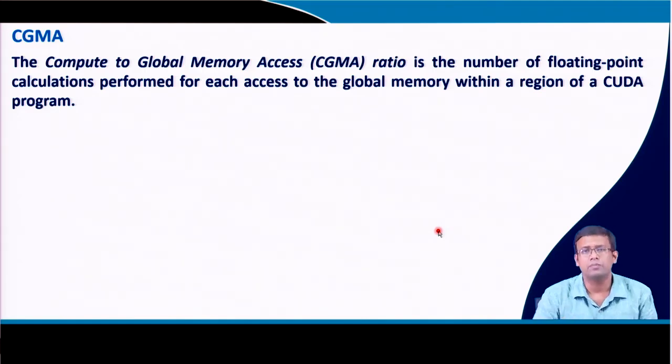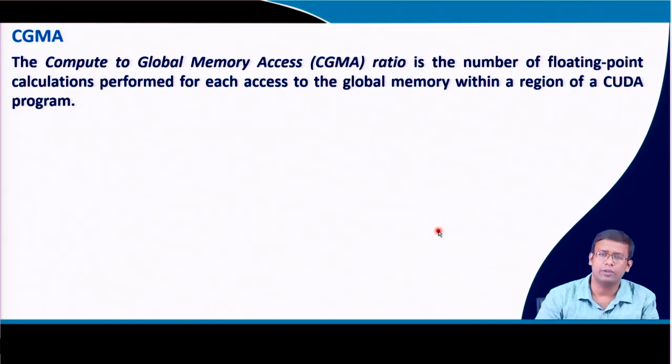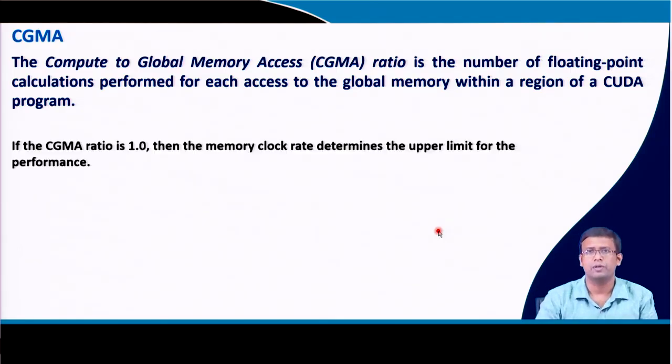And because global memory reads are slower, one important concept is compute to global memory access ratio, or CGMA, that is, how many calculations are done for each access to global memory. If you are loading a lot of global memory data and doing small calculations, then the CGMA value is small.